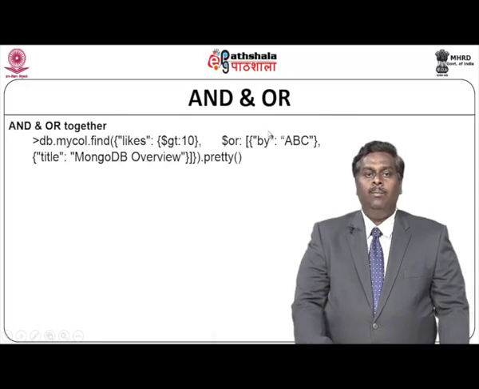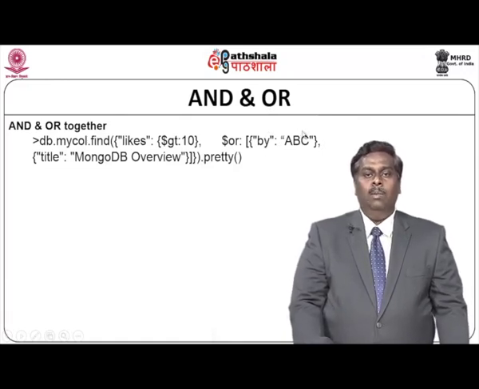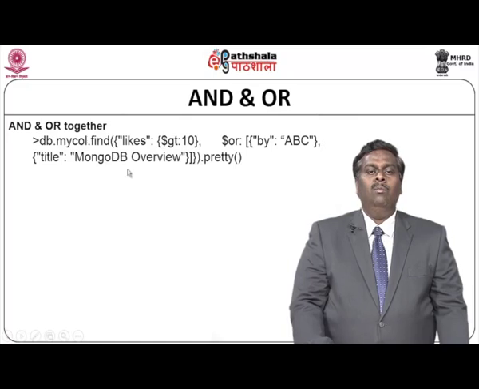What does it mean? The query states you are supposed to find, that is, the result is going to be the documents where the likes is greater than 10, and it can have either of the conditions, that is, it must be created either by ABC or must have the title MongoDB overview.